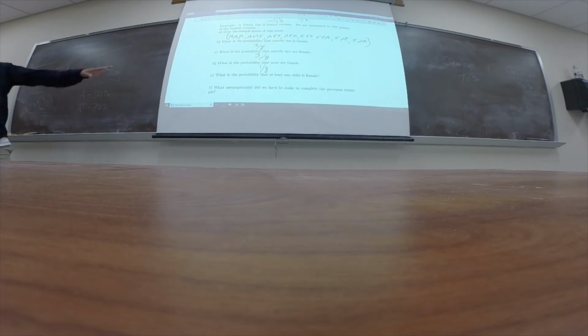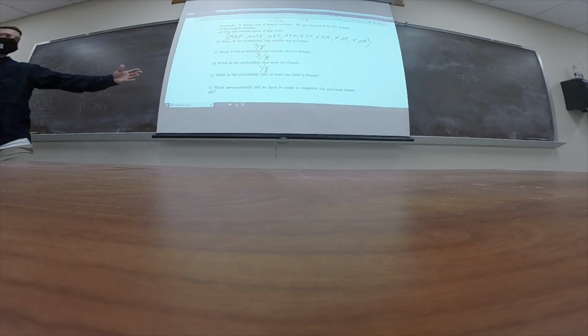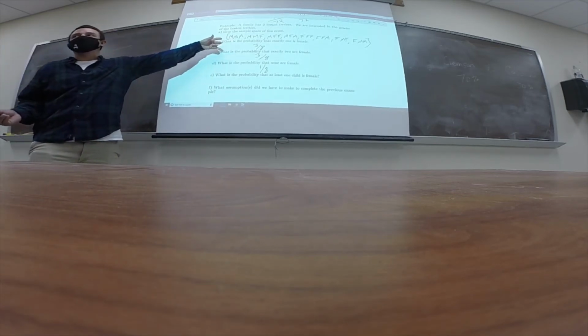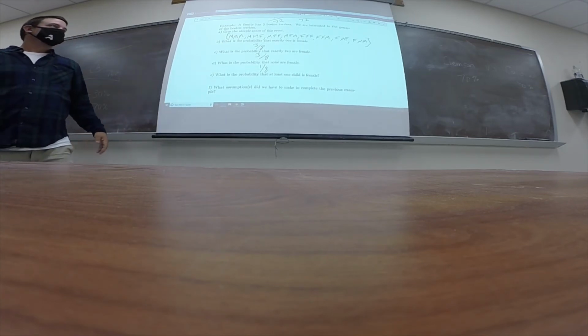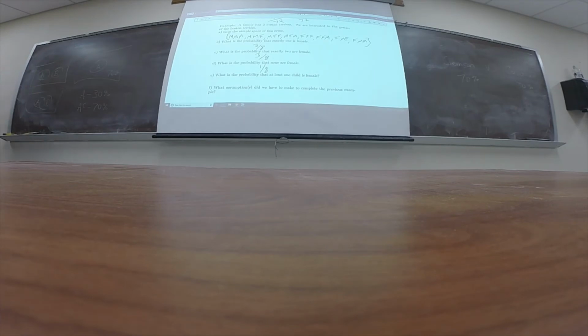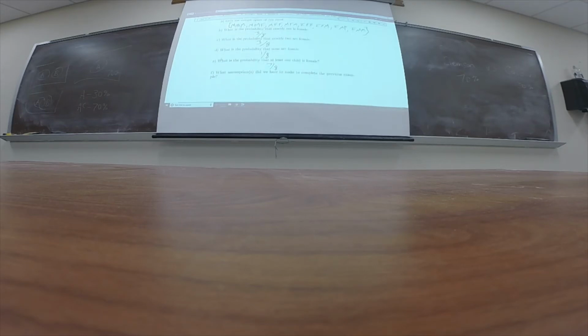What's the opposite of at least 1 being female? None being female, right? If none are female, they're all male. So I can use my complement rule there and say the opposite of that is them being male, which is 1/8. So I need to choose 7 of it. And we'll do an example on the board, but that'll make more sense once it's written out.